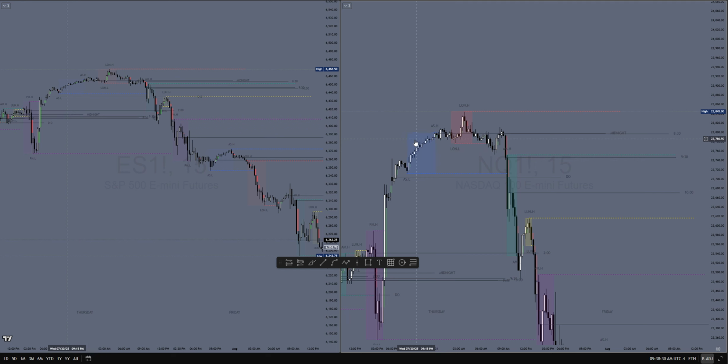I can't really do anything on highlighting, so I'm just gonna use my mouse with what I'm pointing at, okay? So we have accumulation in this range. We had our leg up and our leg down. That was your manipulation leg. And then we would then expect our distribution.